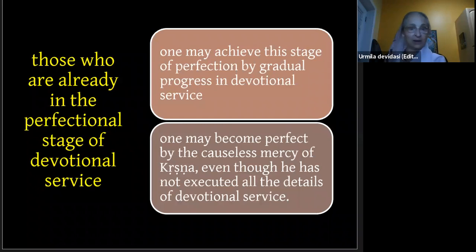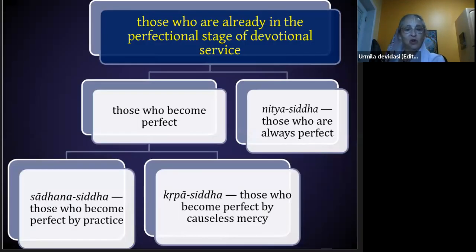Either they didn't do any sadhana at all, or they did only a minor amount of sadhana. And if we're going to look entirely, we'd say those also who are always perfect. They were never conditioned souls. So these are the three categories of siddha devotees.